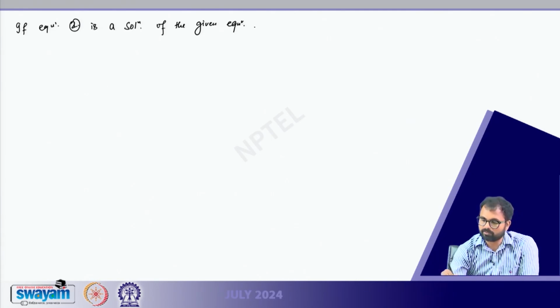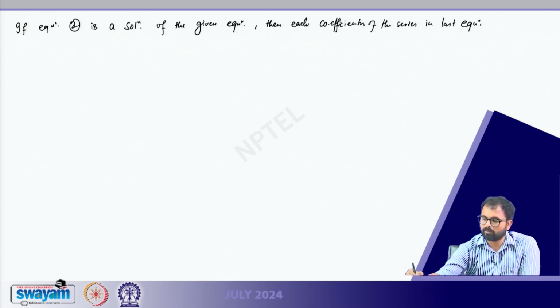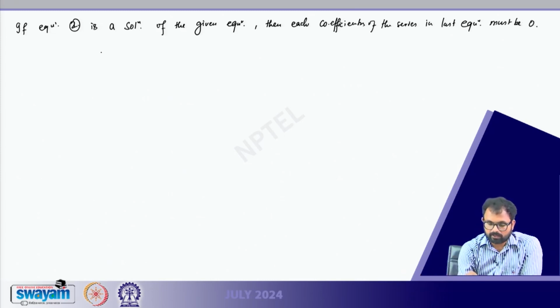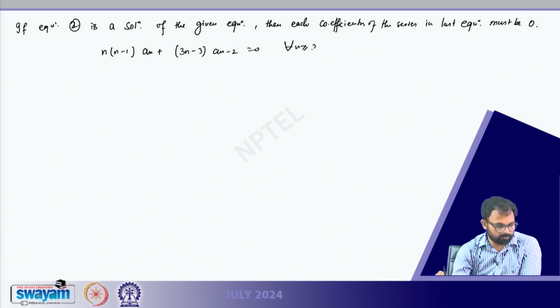So each coefficient of this series in the last equation must be 0. In a way, we are saying n into n minus 1 into a_n plus 3n minus 3 into a_(n minus 2) must be 0 for all n greater or equal to 2, right.